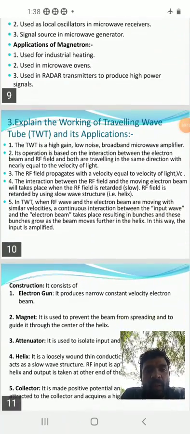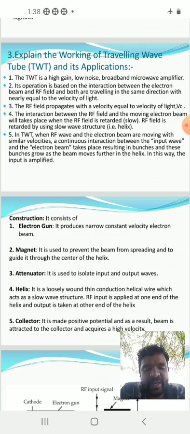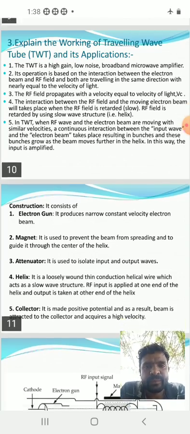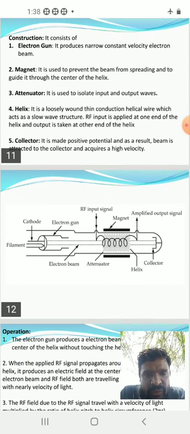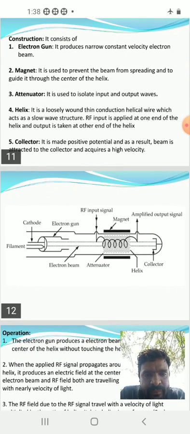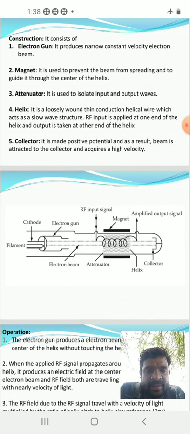Last topic: working of the traveling wave tube, its construction, working and applications. Here TWT means traveling wave tube. The construction diagram shows a filament, cathode and electron gun which produce the electrons, RF input signal and amplified RF output signal, that is the helix.